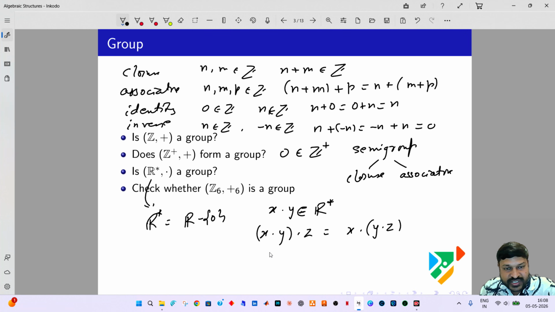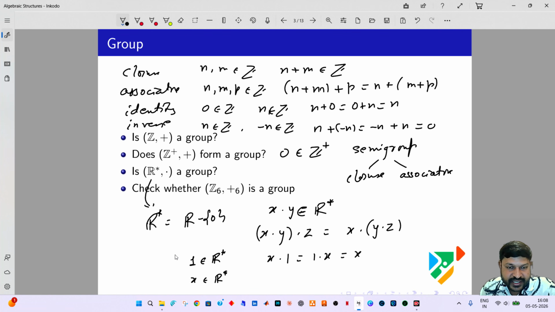Next, identity. Which element when multiplied with any real number gives you the same real number? 1. So 1 is a non-zero real number such that x multiplied with 1 or 1 multiplied with x is going to give you the same real number x. Next, inverse. If x is your non-zero real number, then which real number belonging to R star, when multiplied with x, will give you the identity element?